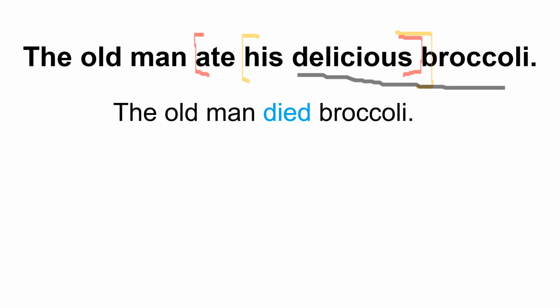So that's the replacement test, and it is very useful for nouns. It can be a little bit more difficult to see other categories, but it's a great test for nouns.